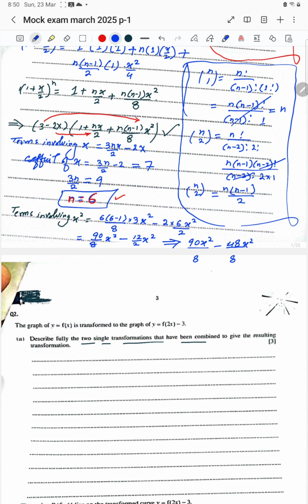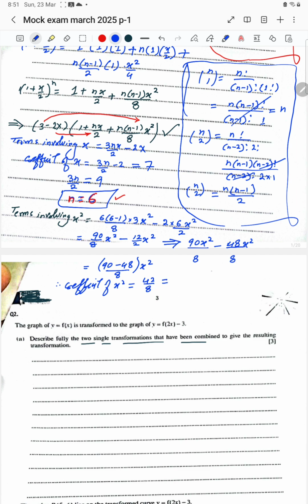I can write this, and now we can take x squared as common, so it will be (90 - 48)/8 x squared. Therefore, the coefficient of x squared will be, simply 90 minus 48, we get 42 by 8.